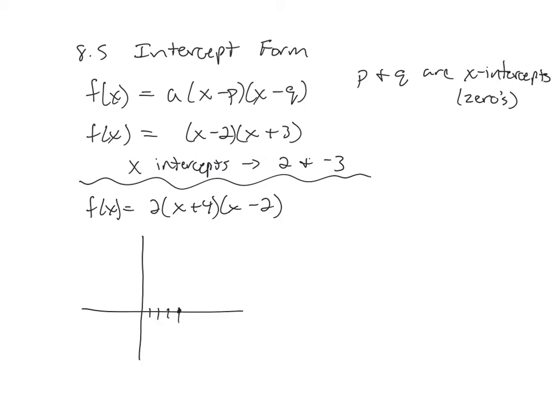I know that one point is positive 4, or excuse me, I didn't do the opposite. It's negative 4, because that's the x-intercept, where the graph crosses the x-axis, and then instead of negative 2, it's positive 2.